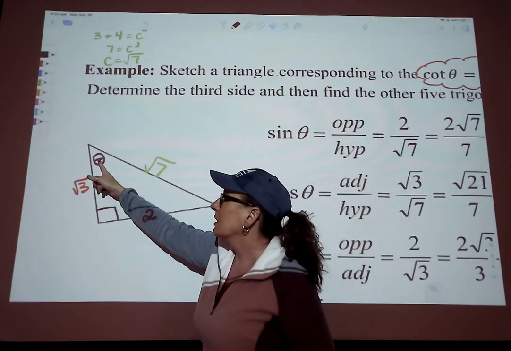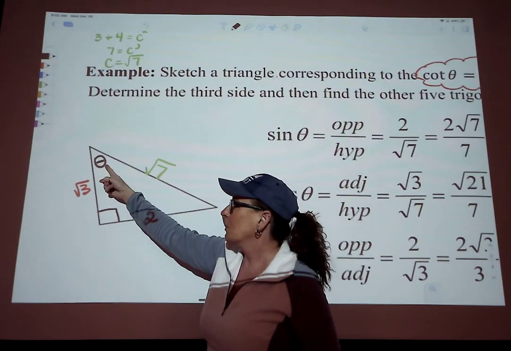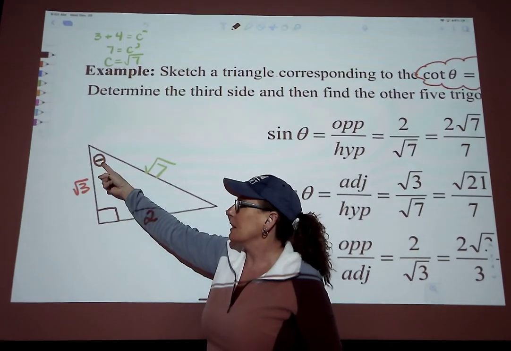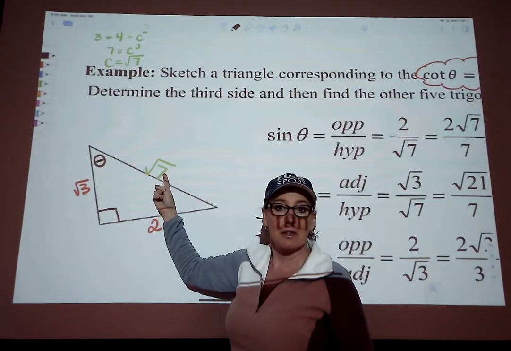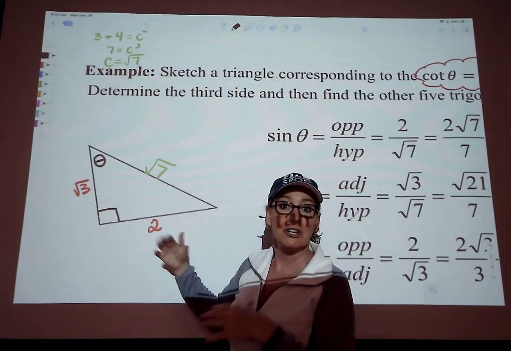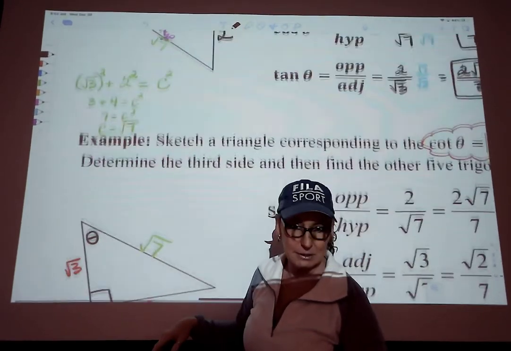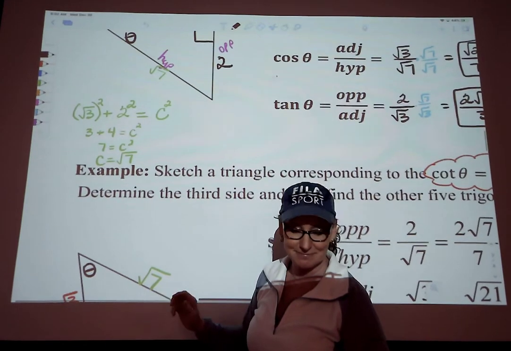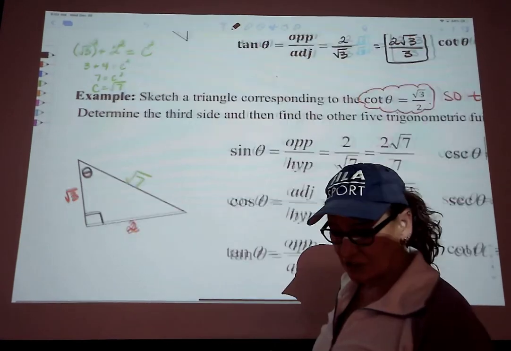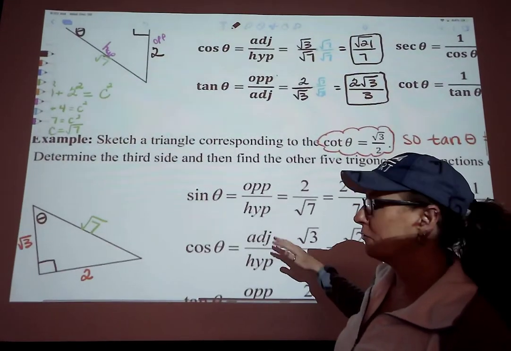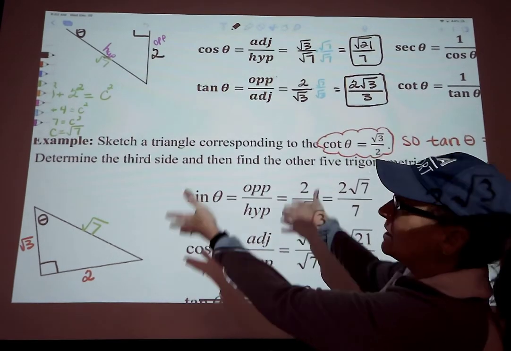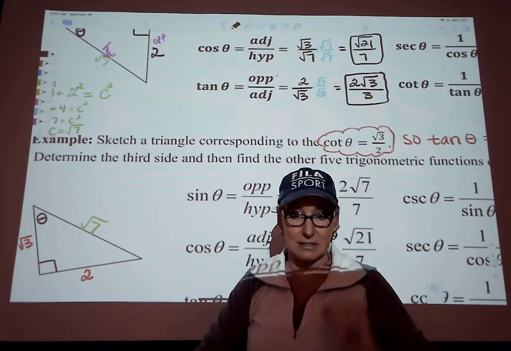Put it somewhere. Label your opposite with 2, label your adjacent with radical 3, and label your hypotenuse with whatever you get when you do the Pythagorean theorem. But we already did the Pythagorean theorem, so. All right? And then again, it's just a matter of creating your fractions, which this turns out to be the same problem as the one above it, so I'm not wasting my time.